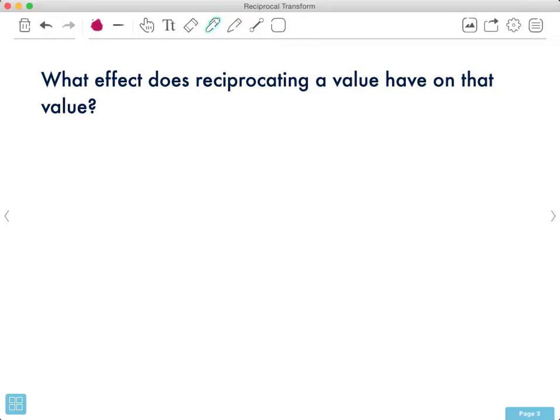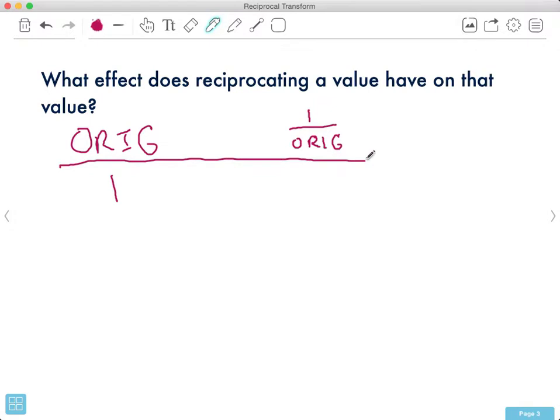If the original value is 1, what happens when we reciprocate that number and we take 1 over the original value? Reciprocating 1 gives you 1 over 1, which is still equal to 1.